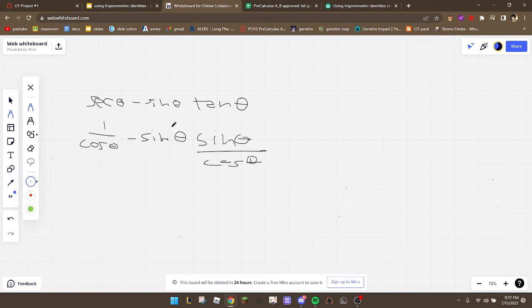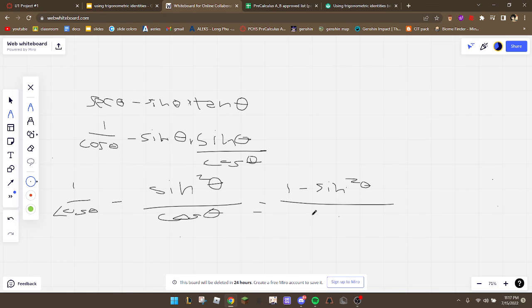Then, as I just said, we're gonna multiply these two because there's an invisible multiplication here, and that would be sine squared theta over cosine theta, and we bring that down too, and that would basically equal 1 subtract sine squared theta over cosine theta.